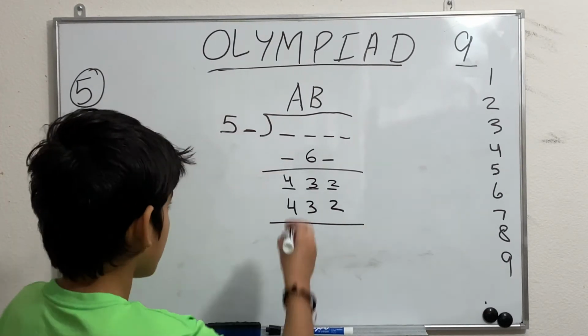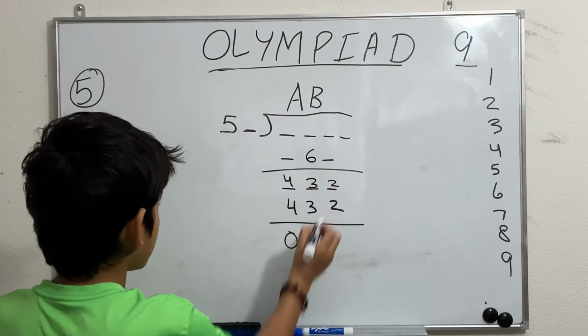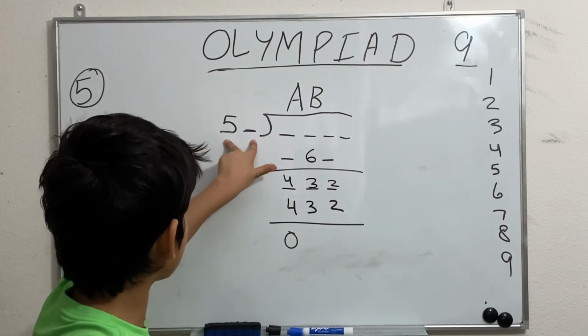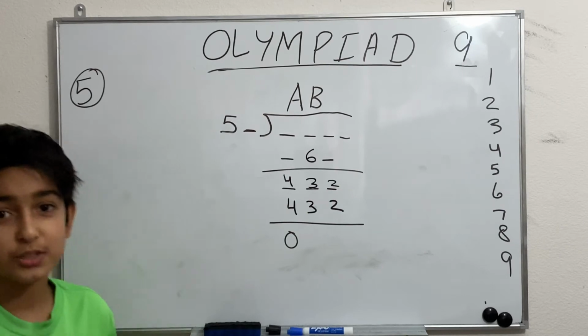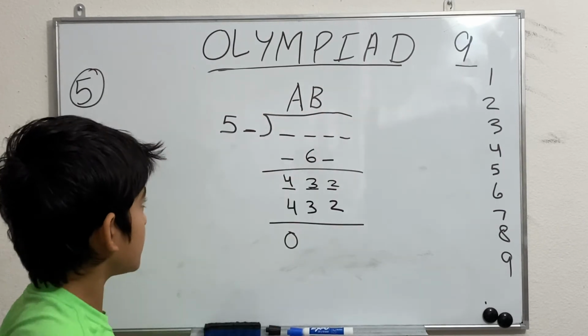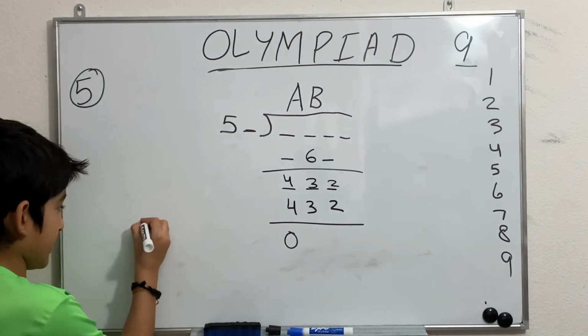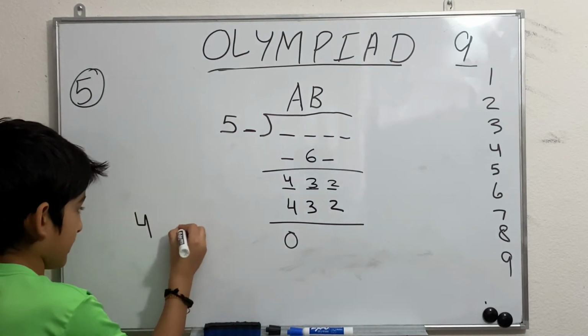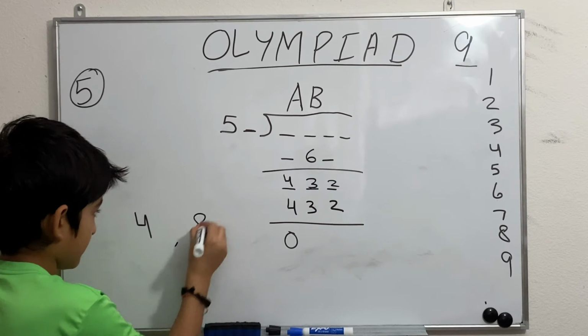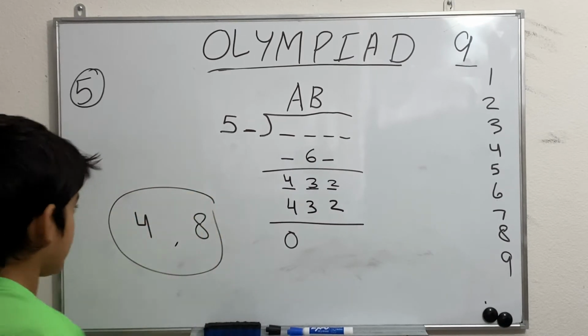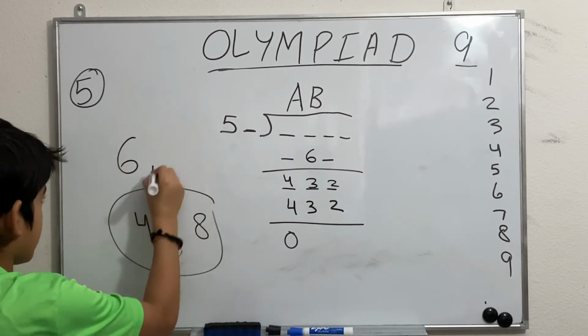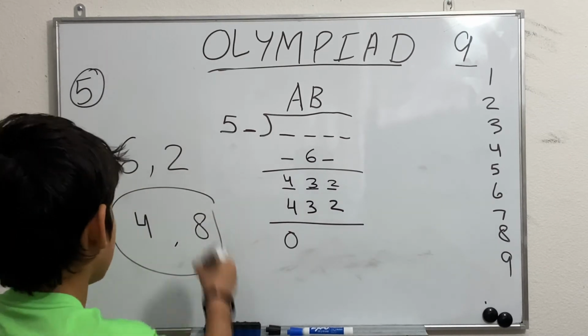Now next, 432 is equal to 5 blank multiplied by B. So let's find the multiplications of these last numbers that get 2 in the end. There is 4 and 8. This is one possible way. There's also 6 and 2, because 1 and 2 won't work.